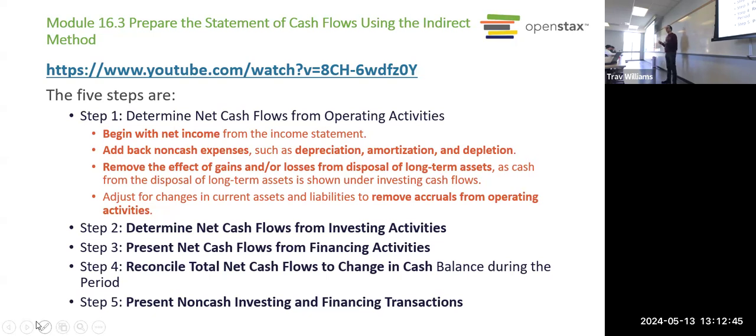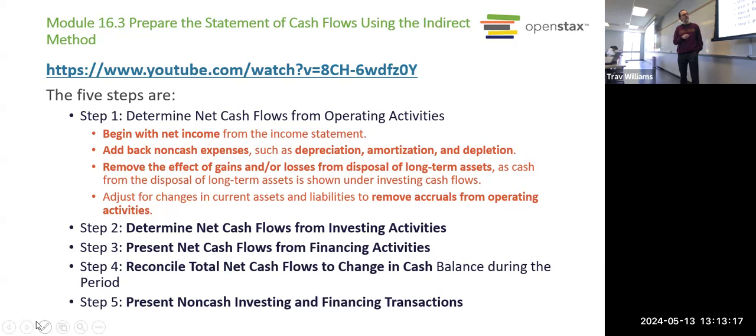Which section of the statement of cash flows would show the money you received from selling some asset? Investing, that's right. Because when you buy equipment or buildings or vehicles, that's an investment. And then when you sell those, that's also part of the investment section. So we need to get those gains and losses out of this section so that we can record the cash flow from those transactions under investments.